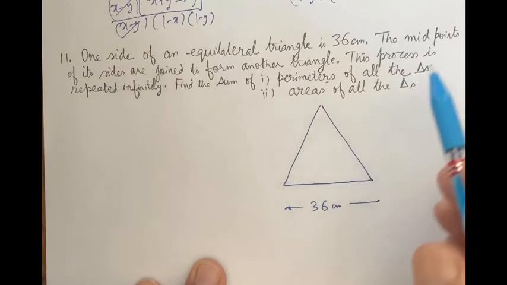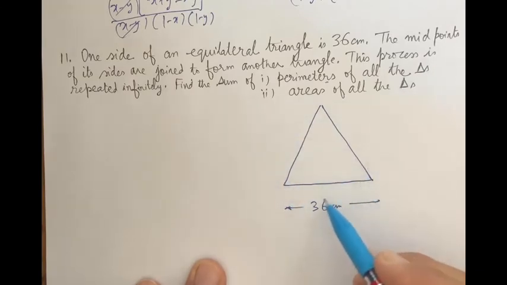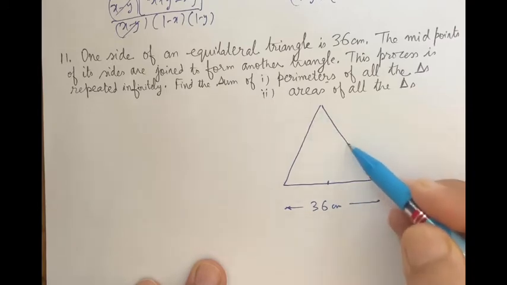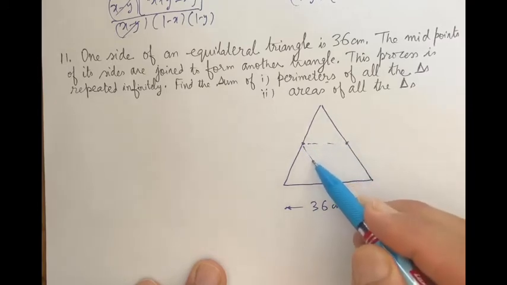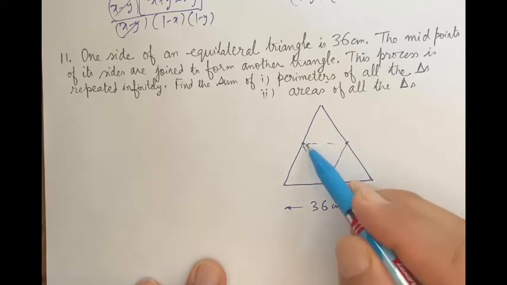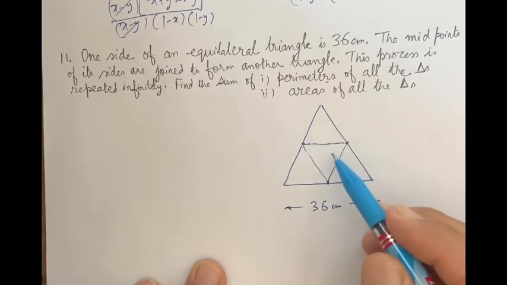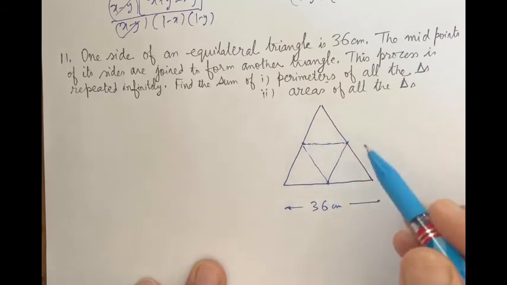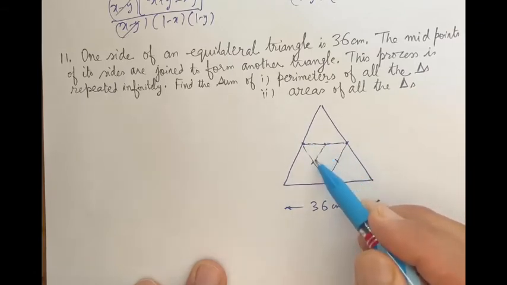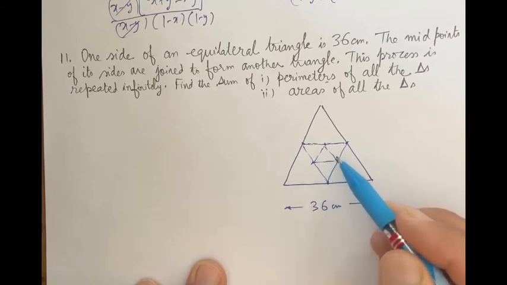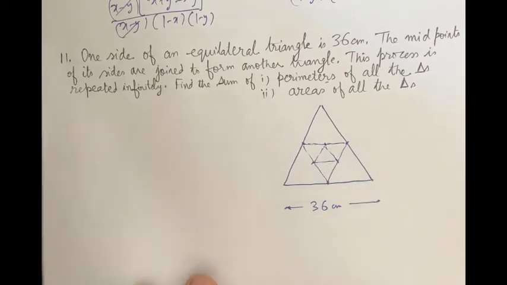Next, the midpoints of the sides are joined to form another triangle. This is the midpoint of this, midpoint of this, midpoint of this. We join these and we have another equilateral triangle. Then this process is repeated infinitely. Midpoints of these, we join these and we have another equilateral triangle, and so on.